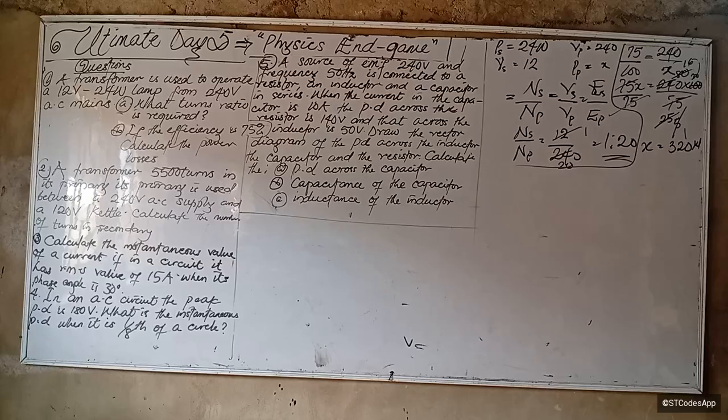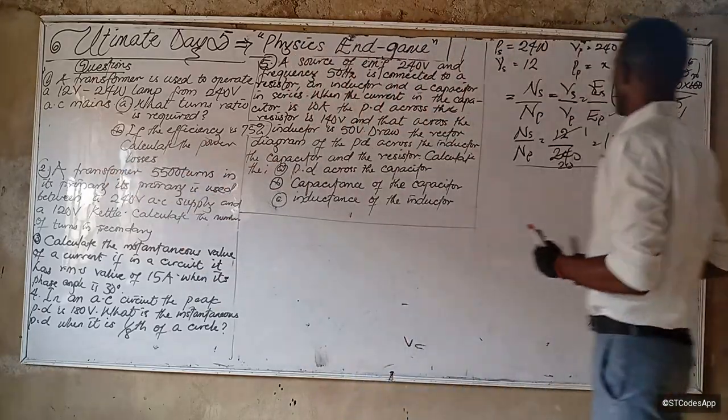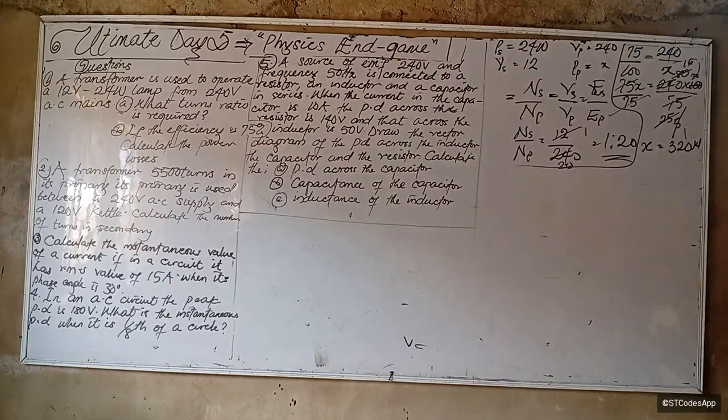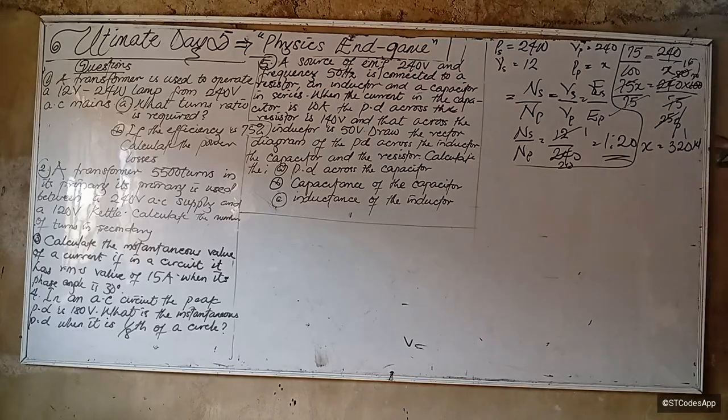Do you understand that question? He said we should calculate power losses. So the power losses is going to be the input, 32 watts, minus what is being delivered, 24, right?